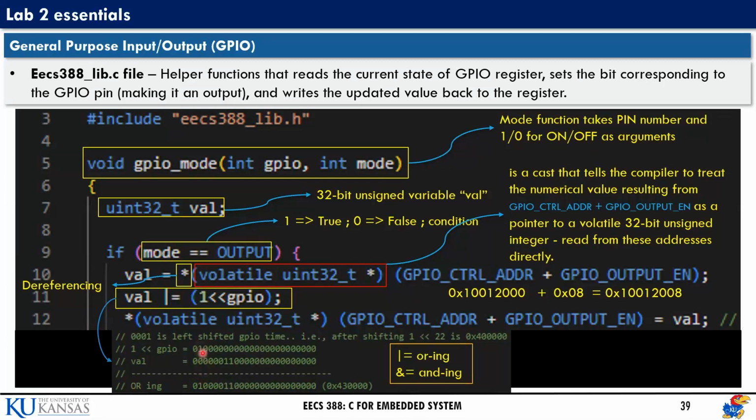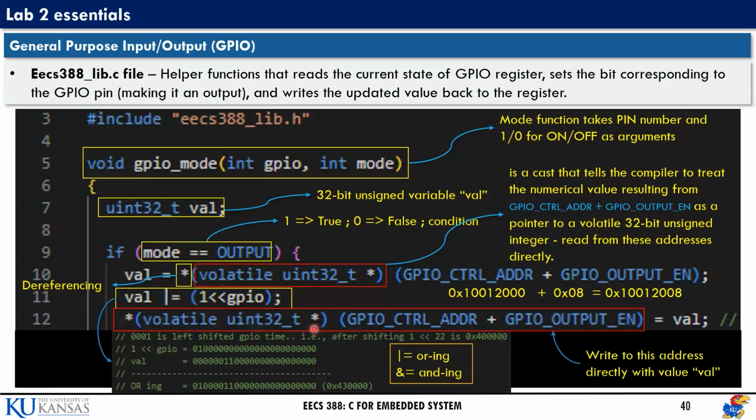If we do OR, 1 and 0 means 1, and we get this final value. And in hex, that is 4300. Now again, the shift operation of 22 times is specific for that specific LED, and this is already predefined.